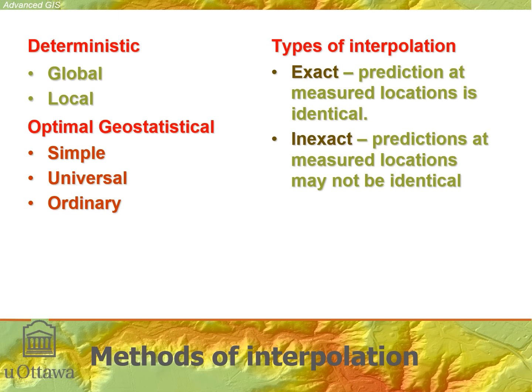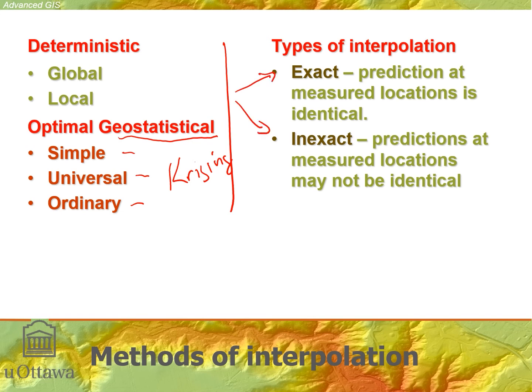So deterministic methods, and then we have geostatistical methods, which are based on random variables and chance, bringing into account things that have to do with random variables. We have a statistical means to estimate a surface and the uncertainties involved in the surface. For example, simple, universal, and ordinary kriging. Now, these methods can be either exact or inexact.